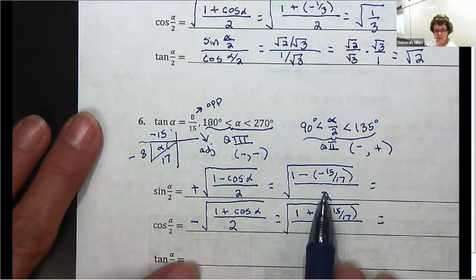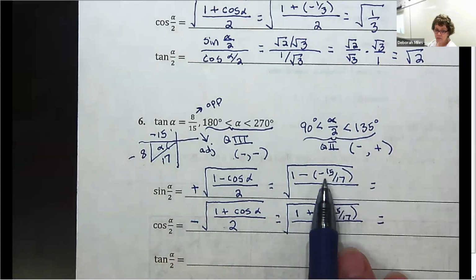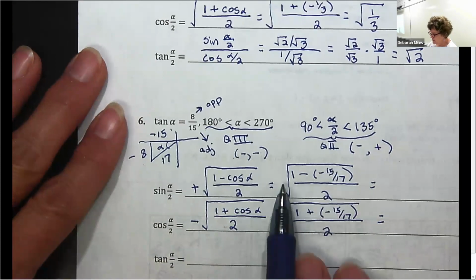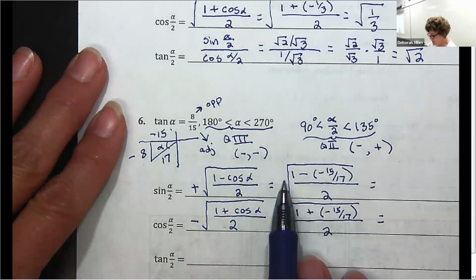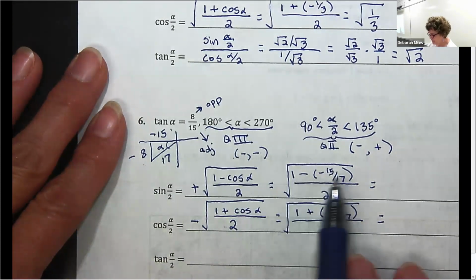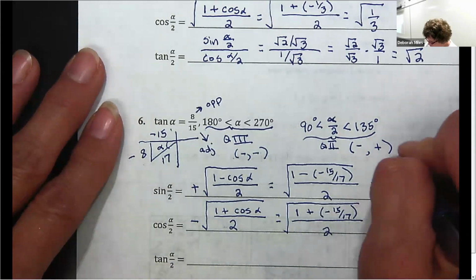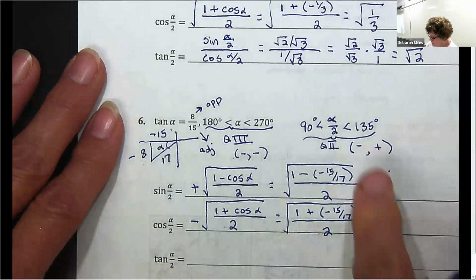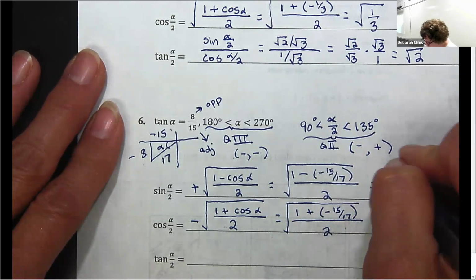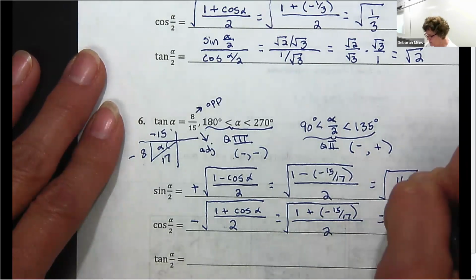In this first formula, minus a negative is a positive. This is 17/17 plus 15/17 is 32/17 divided by 2 is 16/17.